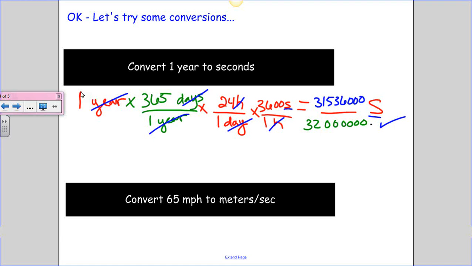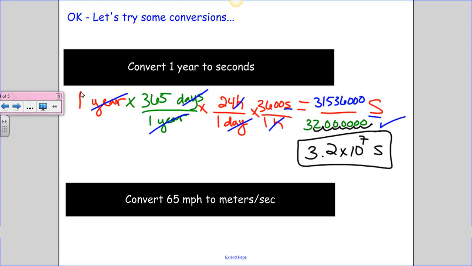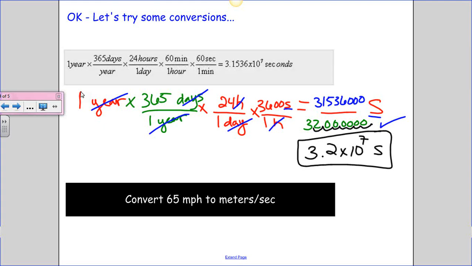We need to move it to the left. We move it 1, 2, 3, 4, 5, 6, 7 places. So this is 3.2 times 10 to the 7 seconds, because we moved it over 7 places. See how we did? Yeah, not bad.